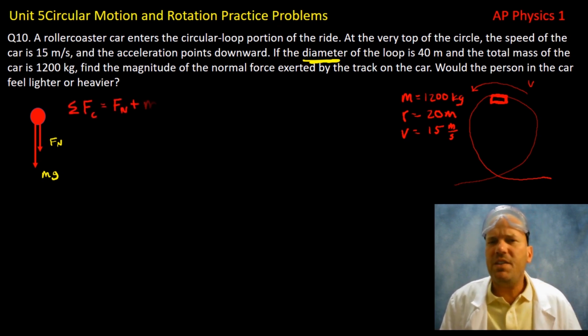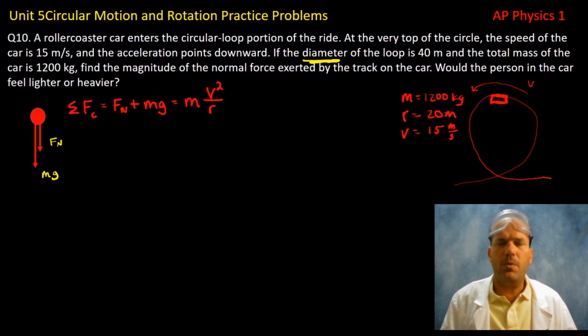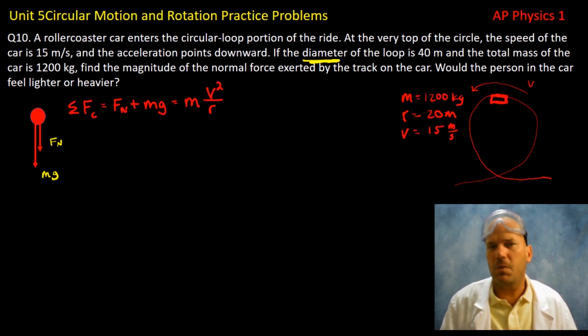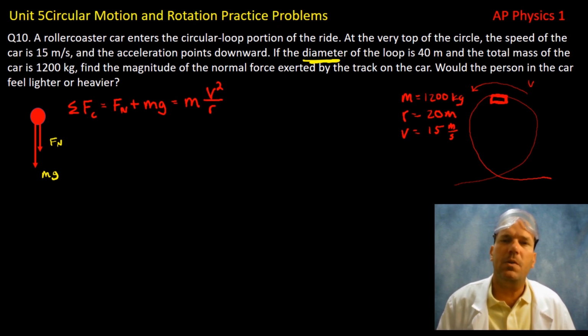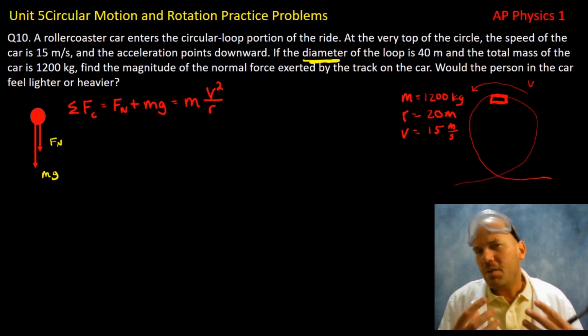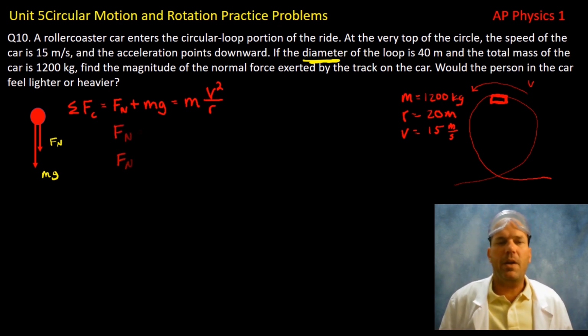So when we sum our forces inward, we're going to have two positive forces, because centripetal forces are always positive. Notice on the free body diagram how I've labeled them as the actual force they are, because centripetal force is not a new force. So the existing centripetal forces are force normal plus the force of gravity, or mass multiplied by the acceleration due to gravity, being equal to mass multiplied by the centripetal acceleration.